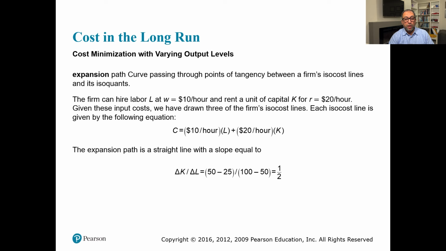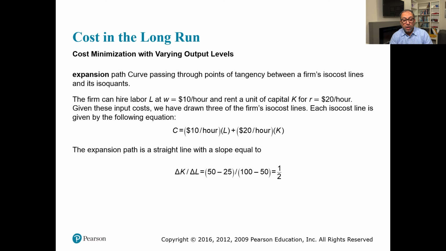The firm can hire labor at a wage rate of $10 per hour, so we are imagining that here, and rent a unit of capital with R at $20 per hour. Given these input costs, we have drawn three of the firm's isocost lines. Each cost line is given by the following equation: C equals 10L plus 20K.